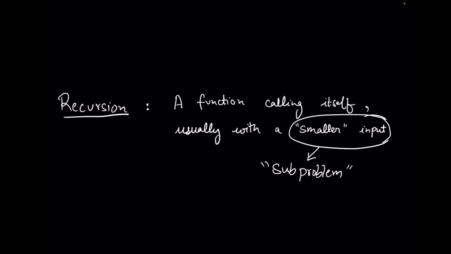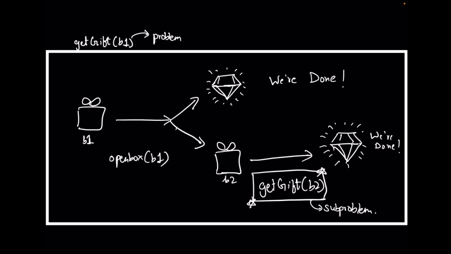For example, this might seem a little bit too much to digest, but in our analogy, the problem that we had was to retrieve the gift or get the gift from this B1 box, right?